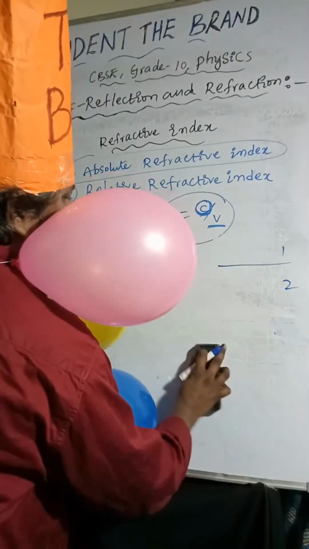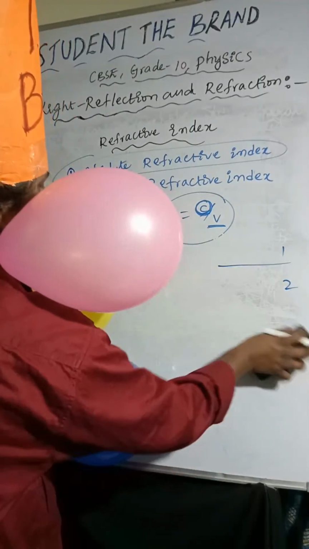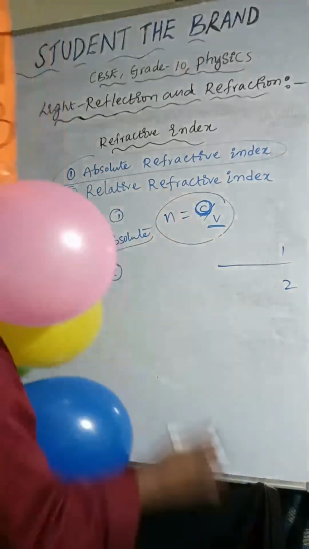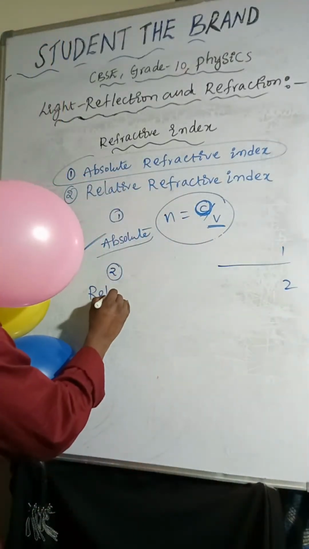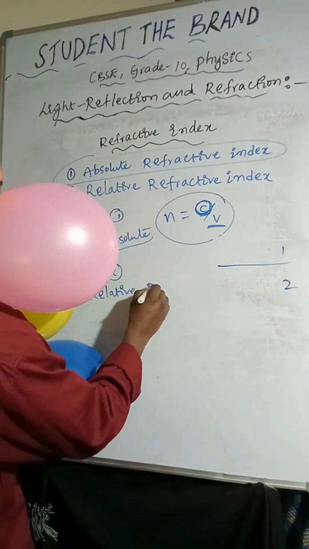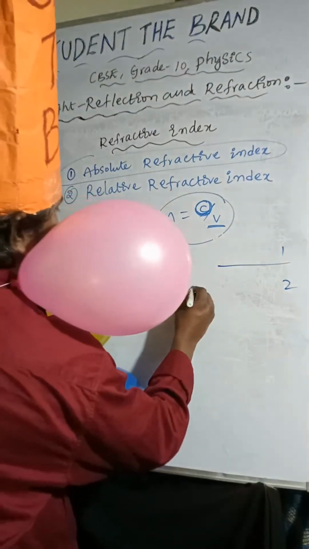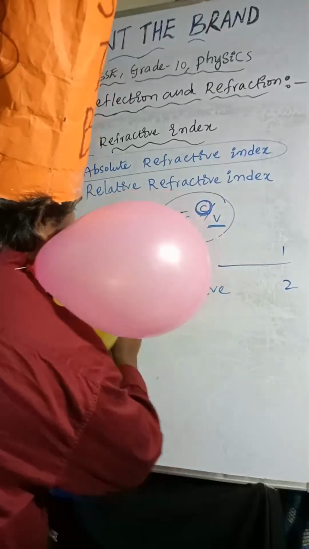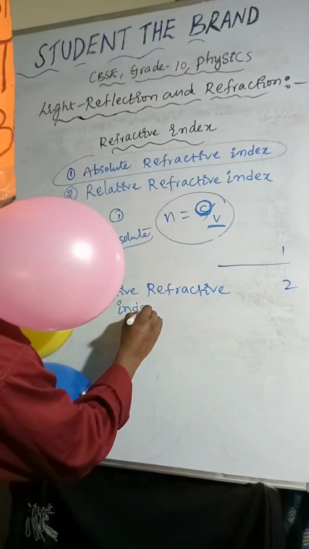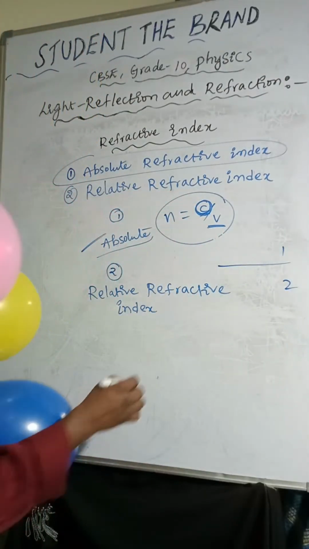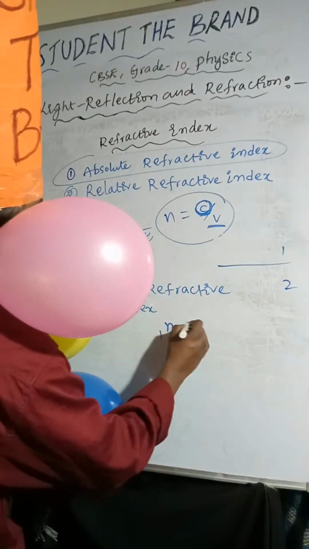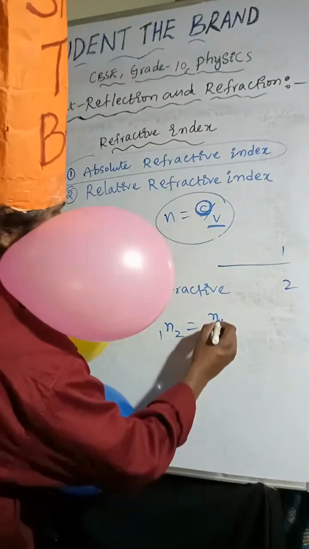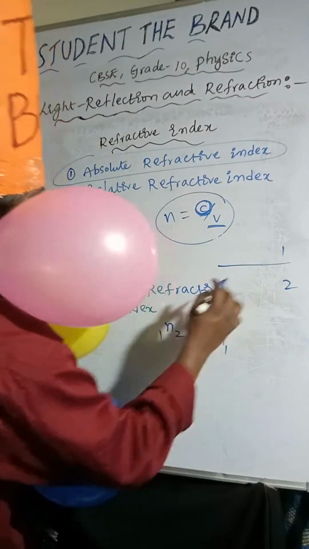Then we can consider relative refractive index. So what is the relative refractive index? If you take n21, it is n2 by n1.